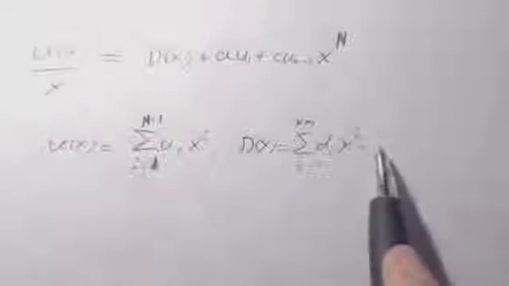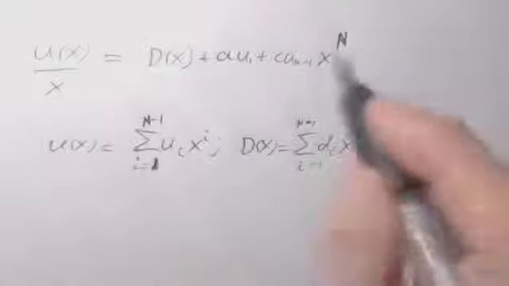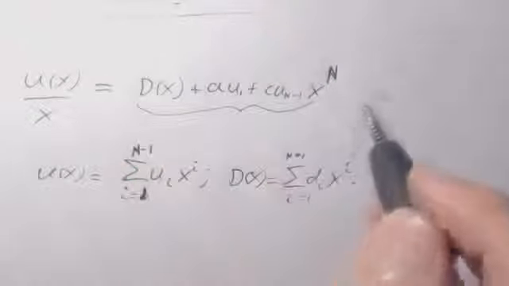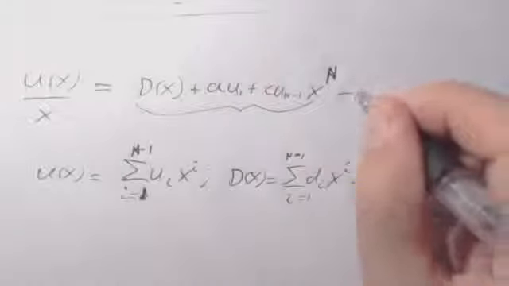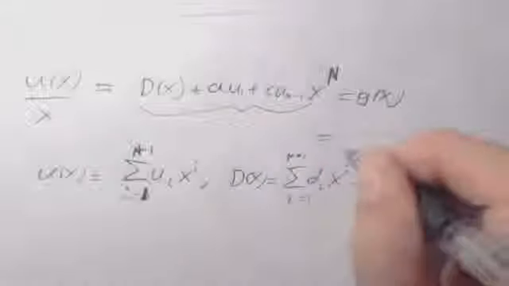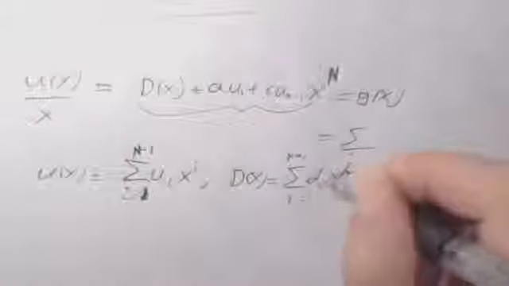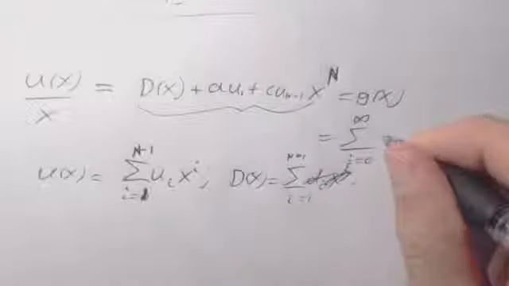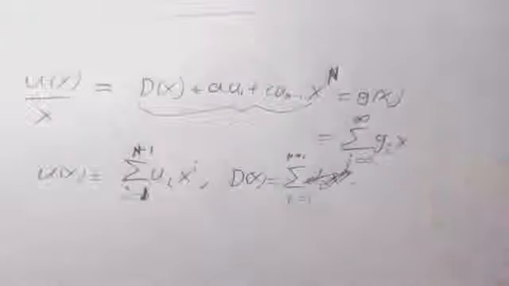So we had this form, and for the time being, this itself is a polynomial. I'm going to call this polynomial g(x), and I'll write g(x) as the sum from i equals 0 to infinity of g_i x^i.